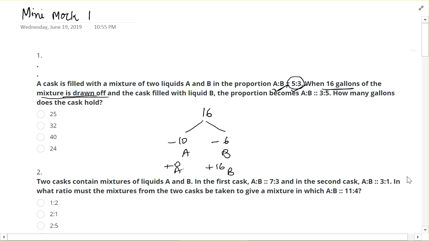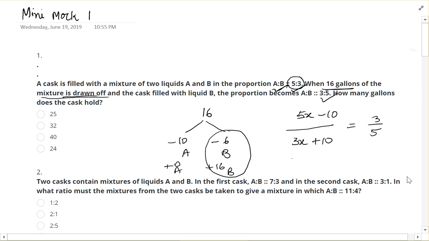So initial concentration was 5x and 3x. Now the change is 5x minus 10 and 3x plus 10, and the ratio is 3 is to 5. So you directly know that 5x minus 10 by 3x plus 10 is equal to 3 by 5.